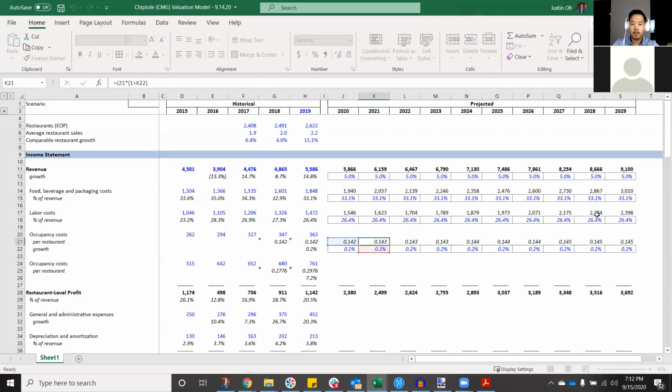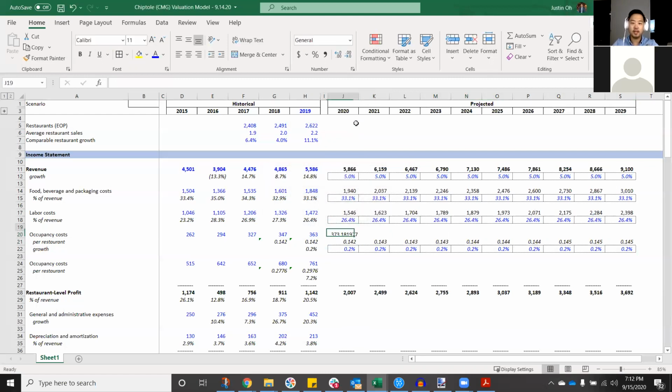And then how much do we actually pay in rent that year is going to equal that times the average number of restaurants that year.